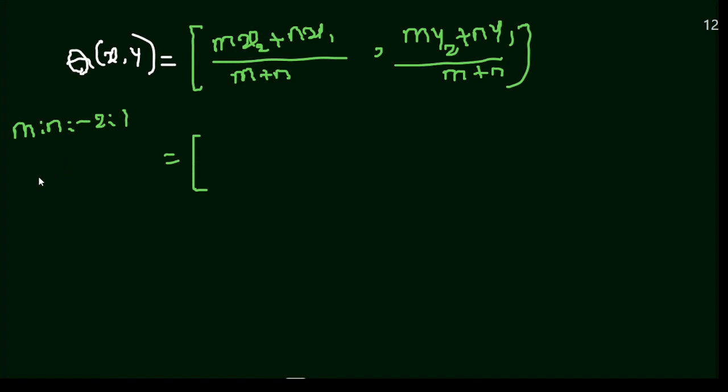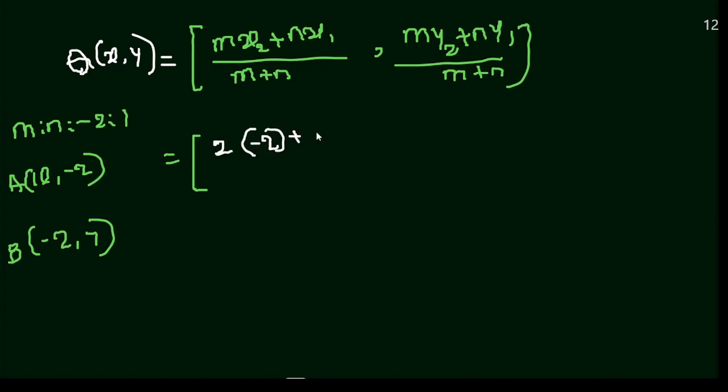So here let's write the points. The first point is 10 comma minus 2, that is x1 y1, and the second is 2 comma 7, right? So this is point A and this is point B. Now let's substitute values here. Then m, 2 into x2 is minus 2, plus n, 1 into x1 is 10, by m plus n, which is 3.